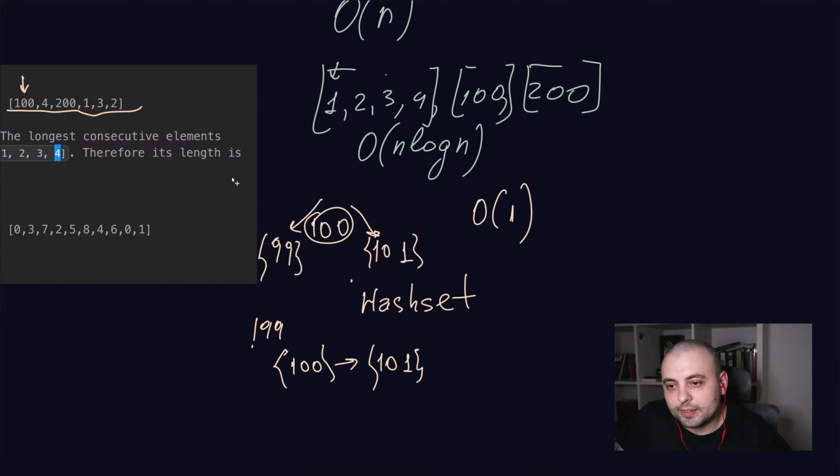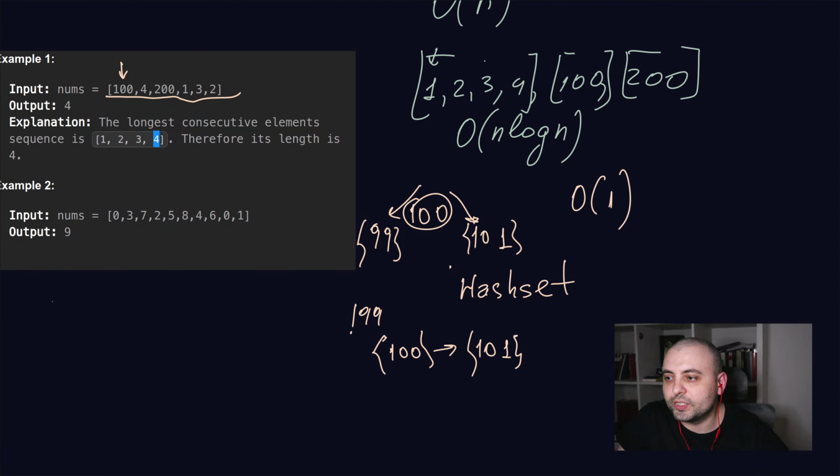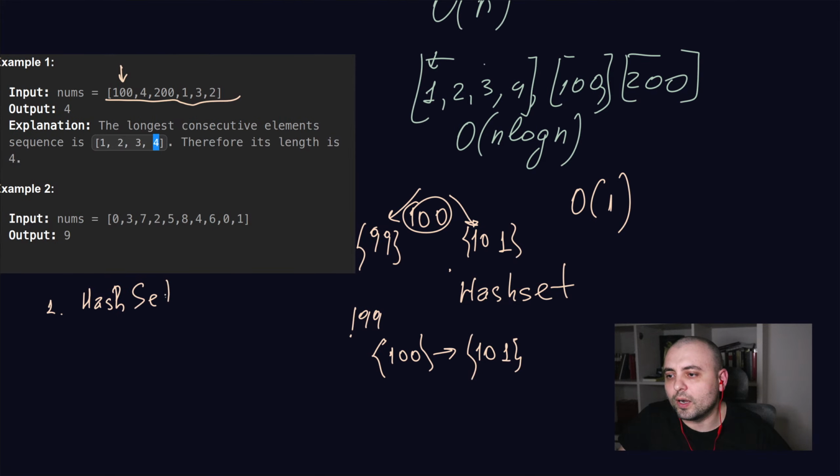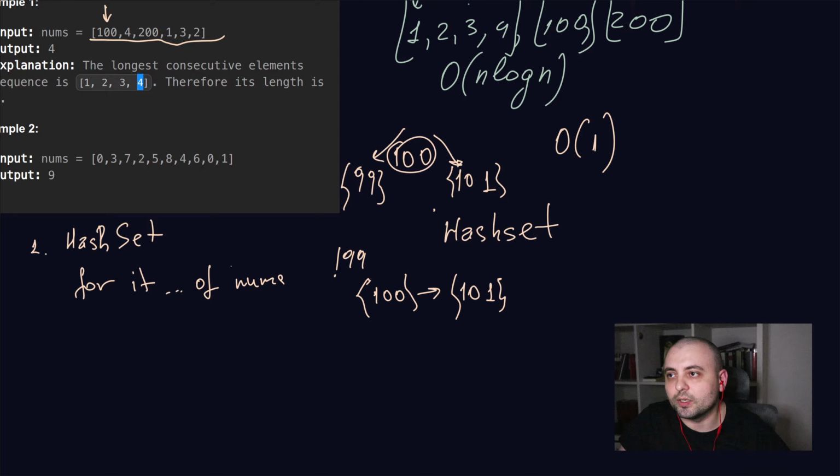So yeah, I guess now what we'll need to do, first stage, transform our array into a hash set. Go item by item using a for loop of nums. Check if our item is the start of the sequence or not.